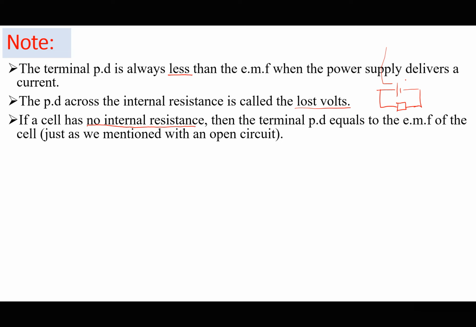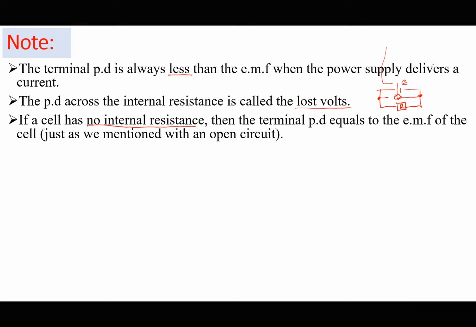If I connect a voltmeter across, the voltmeter will give me exactly the same value as the EMF. That means the PD across the fixed resistor will be the same as the EMF in that case.